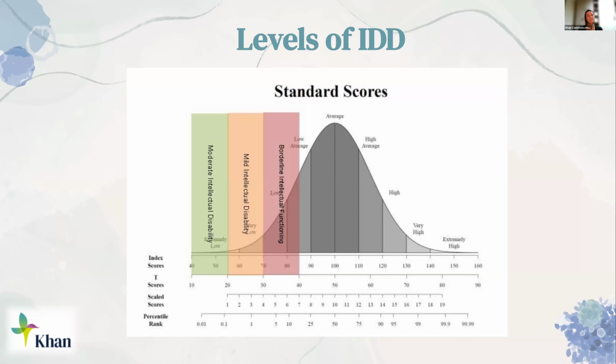Those children may be eligible for more of a diagnosis of a specific learning disorder. So know that it's not that those children could receive no supports. It's just that those supports would look different and they would be based on different levels of intellectual ability. So that's that borderline functioning band, the red one there.